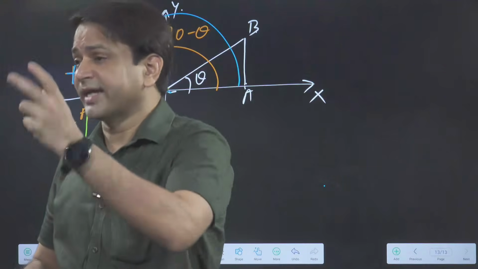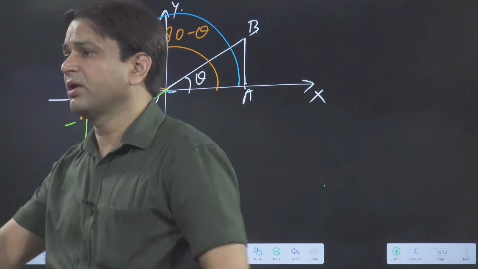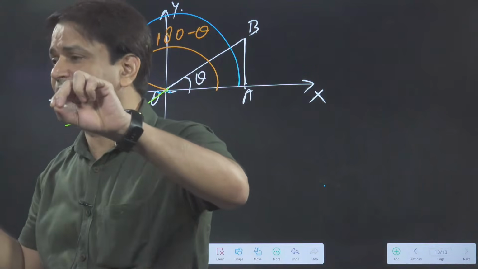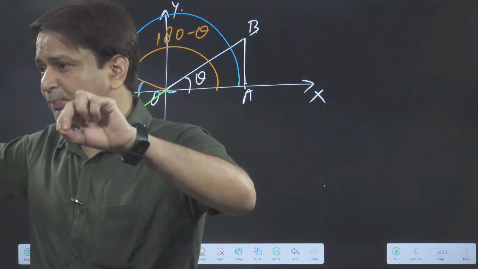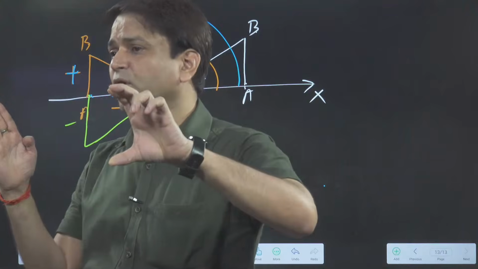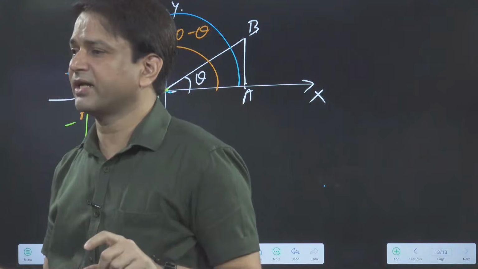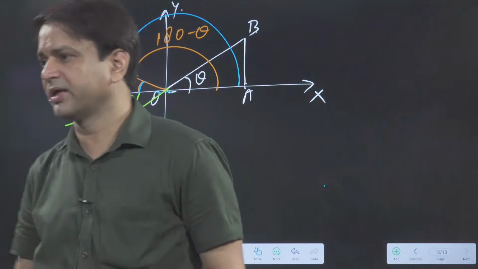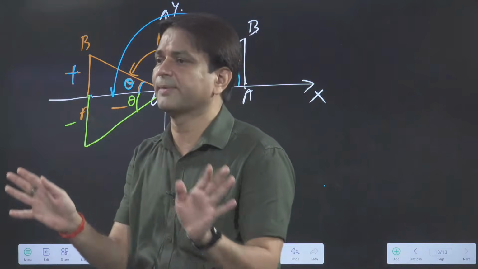Second thing I said, if they are saying 2 points are making a small angle at any point, what is the distance between the points? Basically distance means straight length we have to find, but the angle is small, so straight length and arc length we can take as the same. Then we can directly use the formula angle is equal to arc by radius. So two ways we have to use this approximation, theta is small.